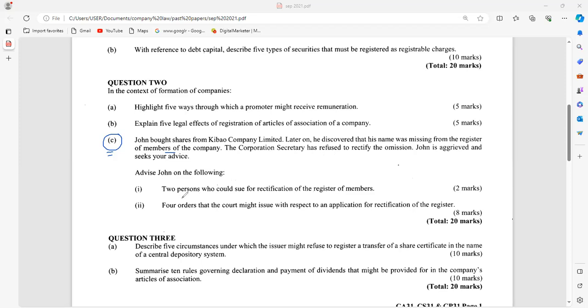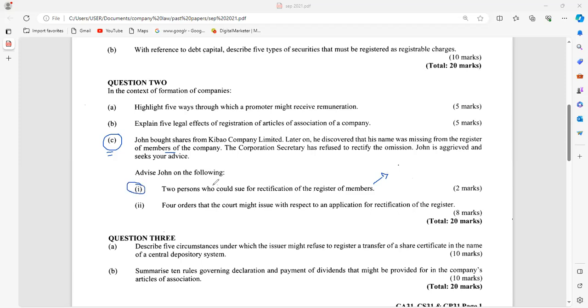Number one, 2 persons who could sue for registration of members. In short, which 2 persons could be in that register of members so that if they're not there, they can sue? That's what you're being asked indirectly there. Number 2, 4 orders that the court might issue in relation to this one. So what do you say here?